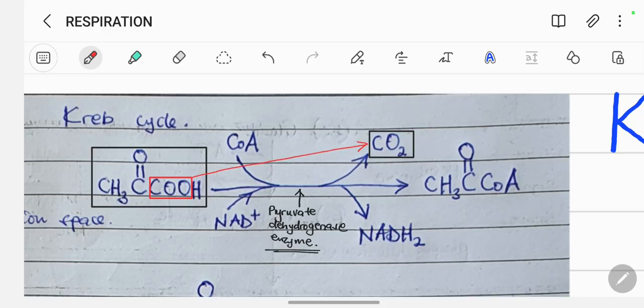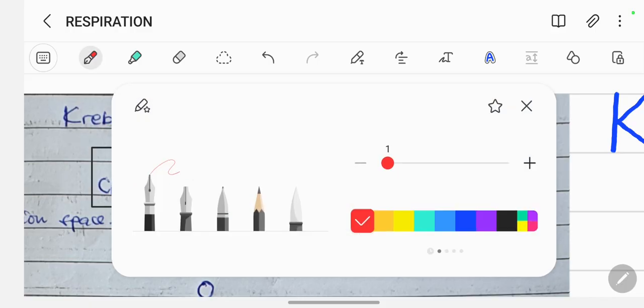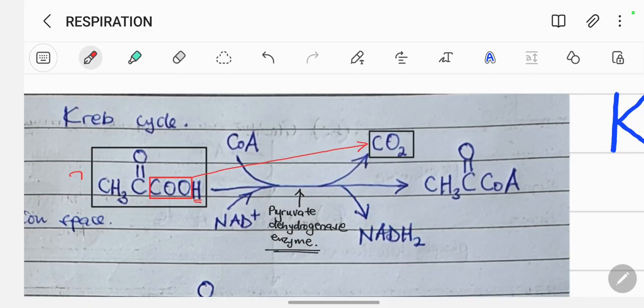So as we remove that carbon dioxide, we remain with hydrogen. You have to remember that we formed the two pyruvate molecules from glycolysis there.